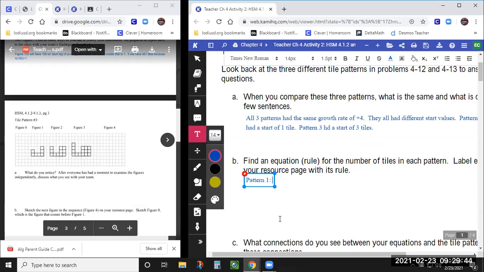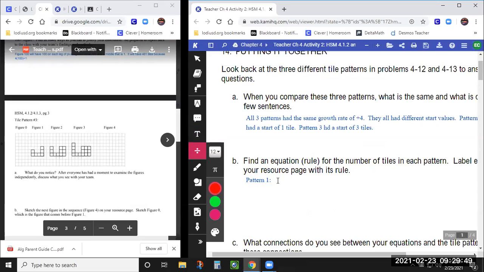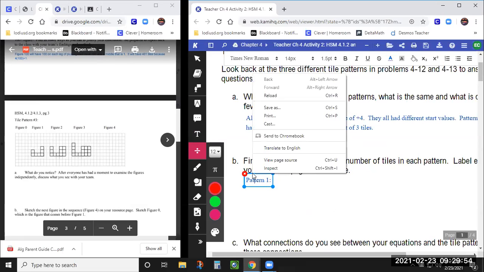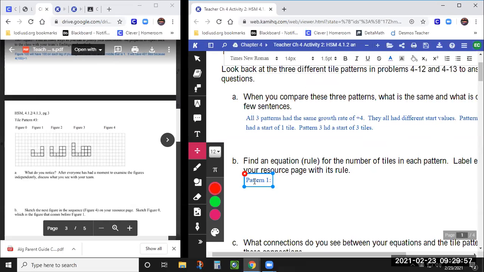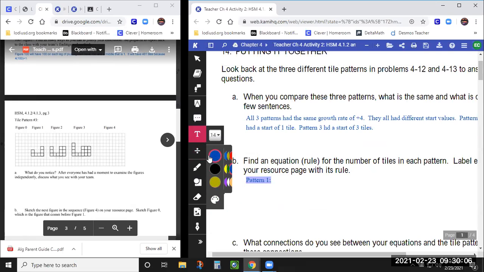Pattern 1. What was its rule? Pattern 1, what was its rule? Okay, so pattern 1 was the 4x plus 2.